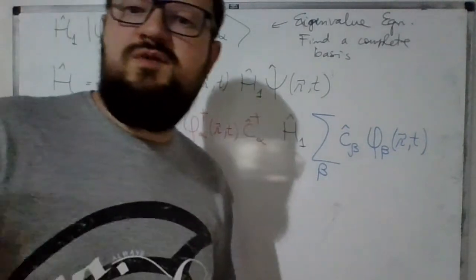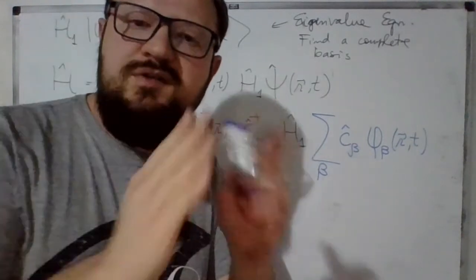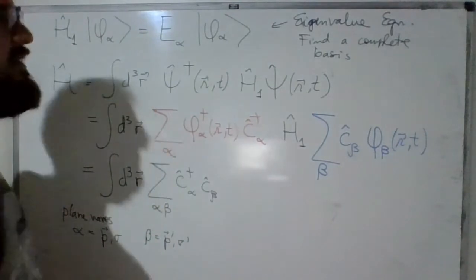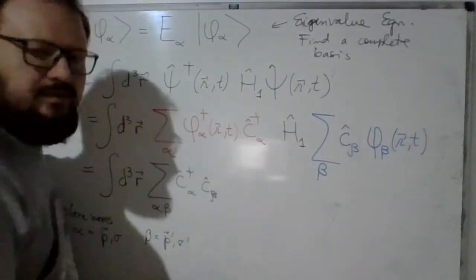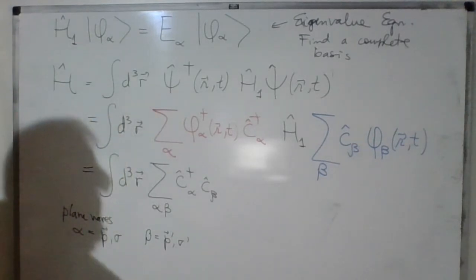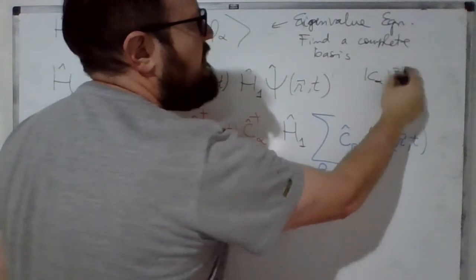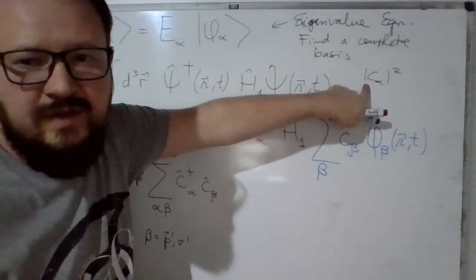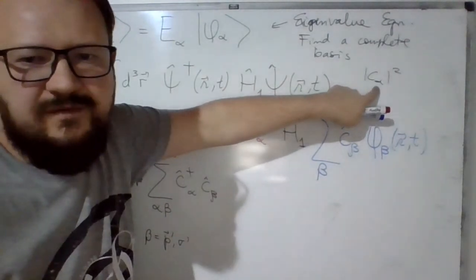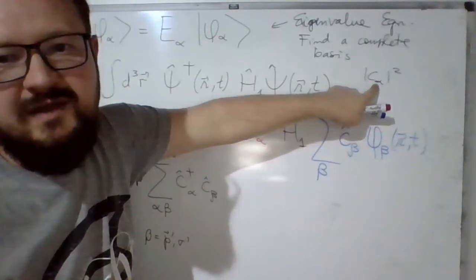In the first quantized version, they would be just complex numbers whose modulus squared would correspond to the probabilities of finding the particle in the state alpha.